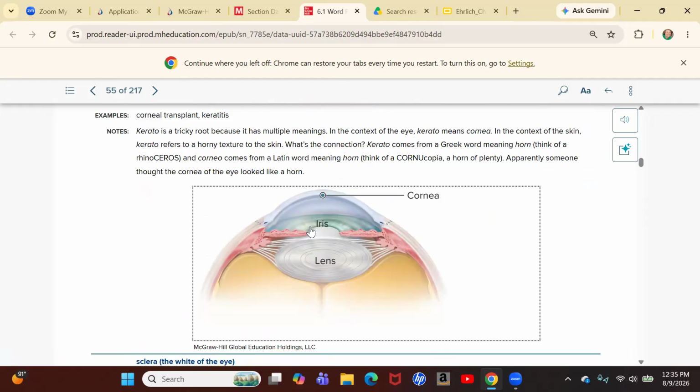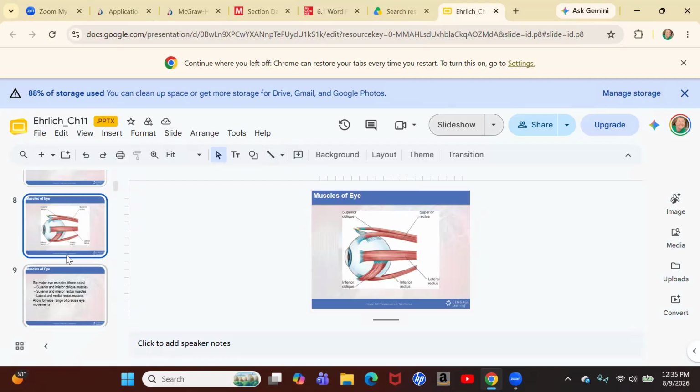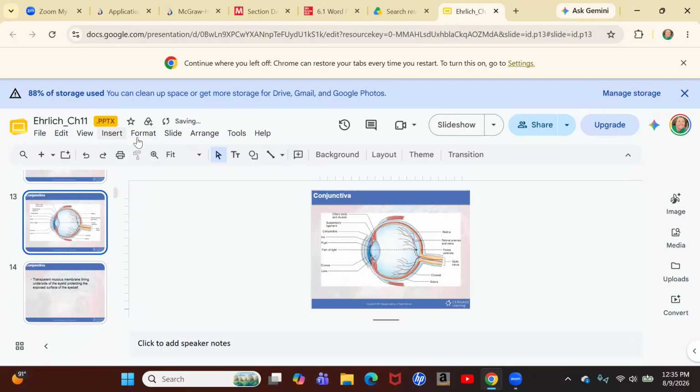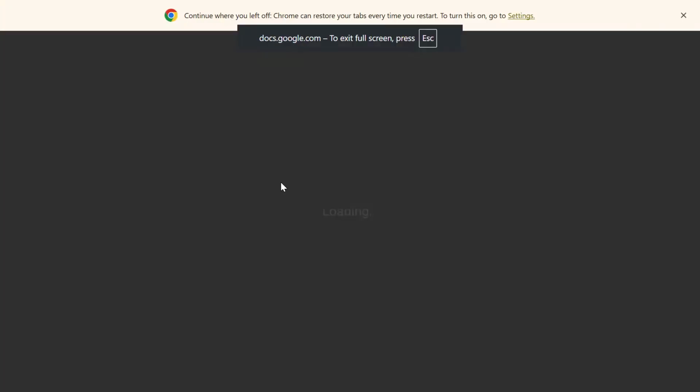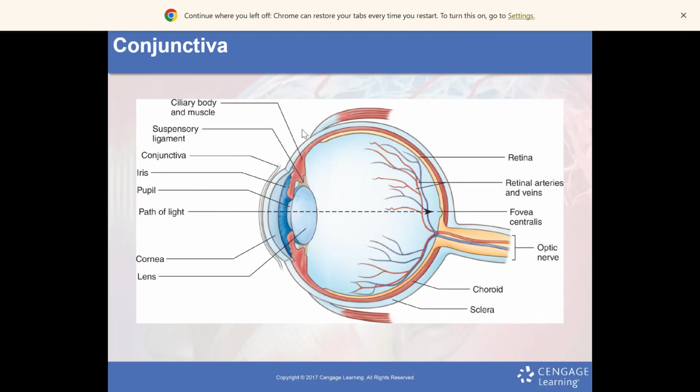And then once you get into internal anatomy, let me go back here to a better picture and talk a little bit before we dive into some of the word parts. The internal eye anatomy. So you have this conjunctiva membrane we just spoke about. You have the sclera, the white of the eye we spoke about.